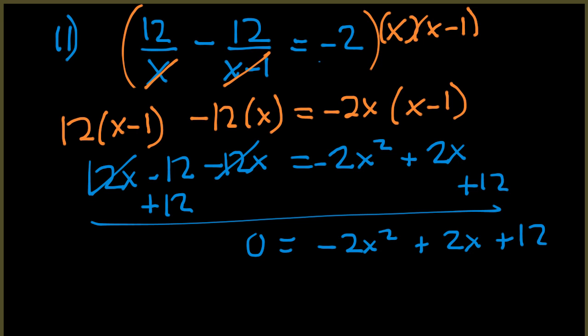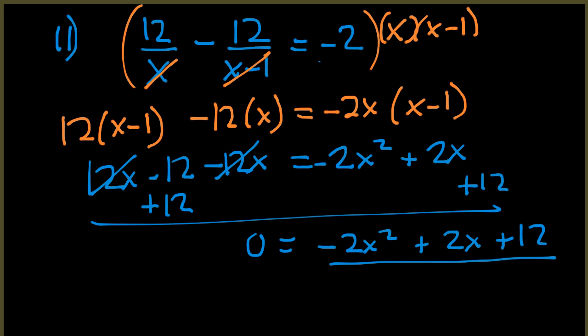I'm going to divide out a negative 2. So negative 2, minus 2x. No, plus 2x. All right. I'm going to divide out a negative 2. And I'm going to do this one a little bit different.